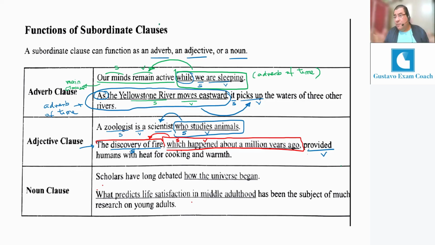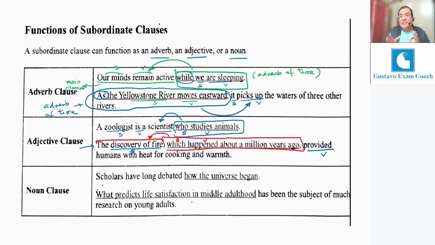It's actually a subject complement, right? But in the second example, which happened about 1 million years ago is attached to the discovery of fire. And what is the discovery of fire? It is the subject of our sentence. Because an adjective modifies a noun or a noun clause, we can see how the subordinate clauses in these last two examples actually fit the function of an adjective.